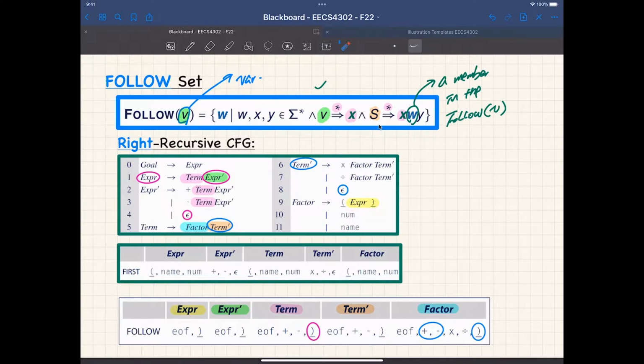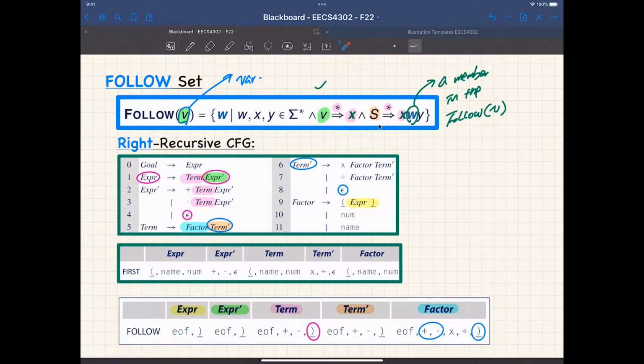That one's easy. And also, why would EOF be included as well? EOF should also be included because expression is produced by just the start variable, and that expression happens to be the last component. In that case, what can follow expression will be the same as what can follow the goal, the start variable, which is always EOF.